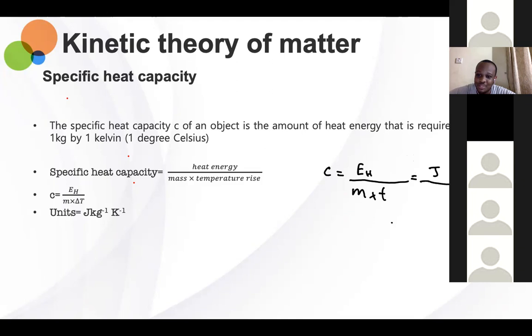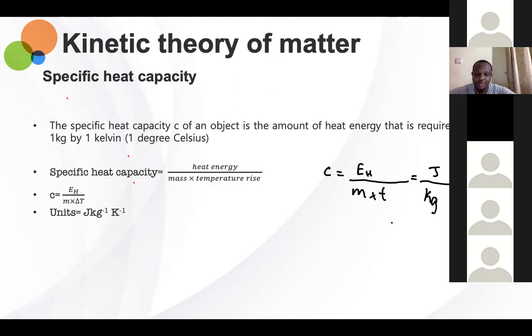Now what would be the unit for mass? So the unit for mass would be kilogram. All right, thank you, Devon. Thank you, Violet.